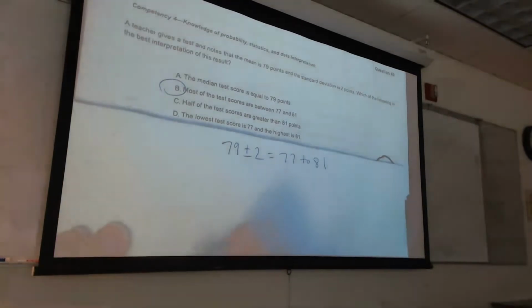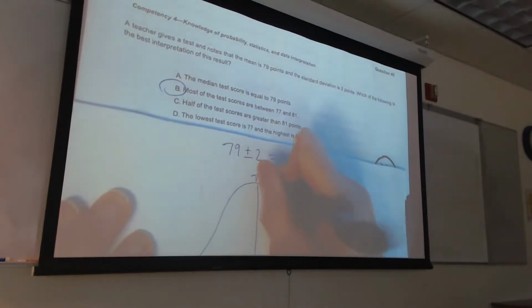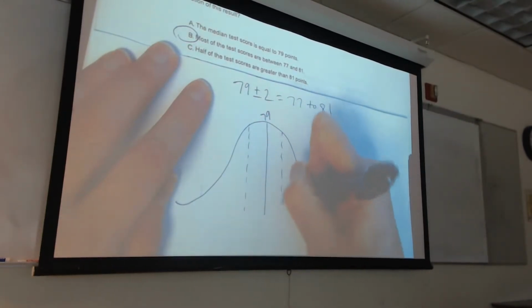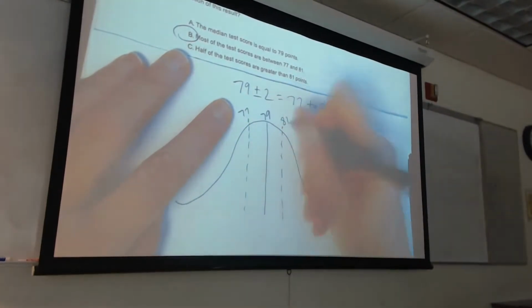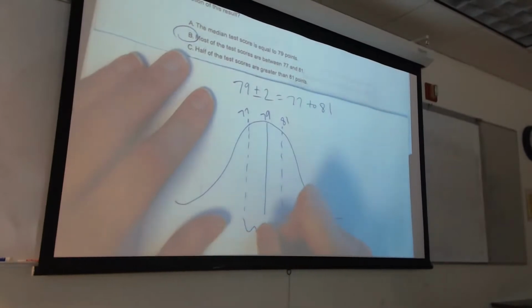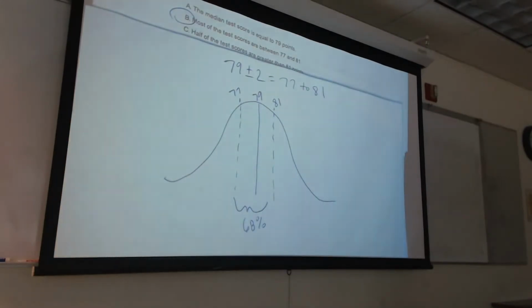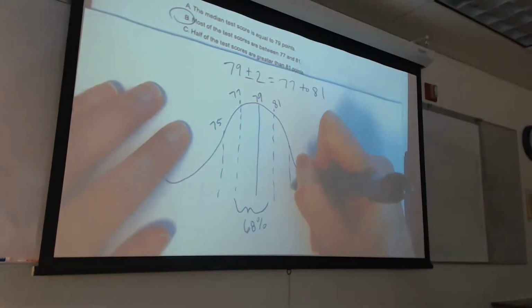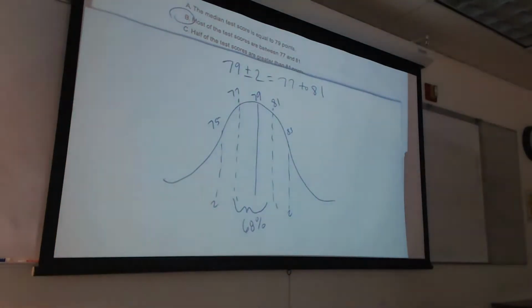If we're getting into the standard deviation curve, with the mean in the middle, 1 standard deviation is 77 to 81, which represents 68% of the data if they're talking about a normal distribution. If they said 2 standard deviations, it would be between 75 and 83. That's just getting into the curve. But 1 standard deviation represents plus or minus 2.